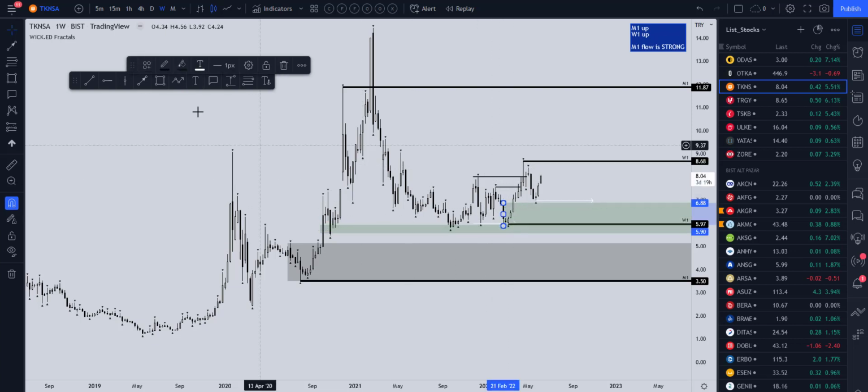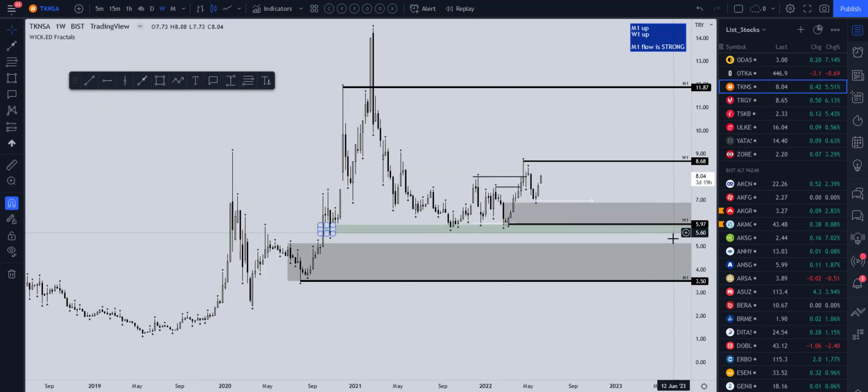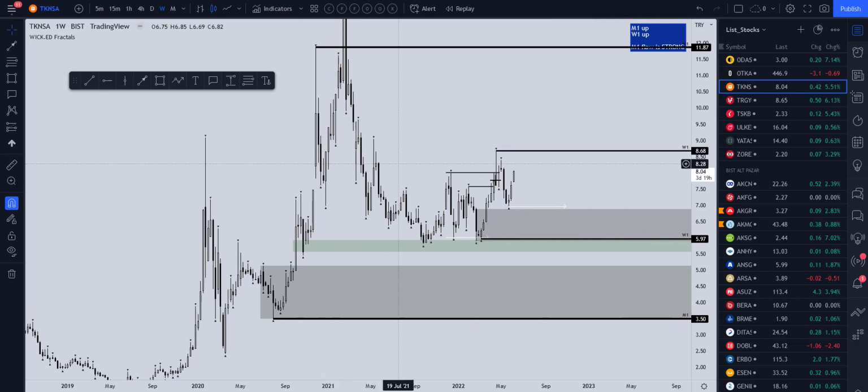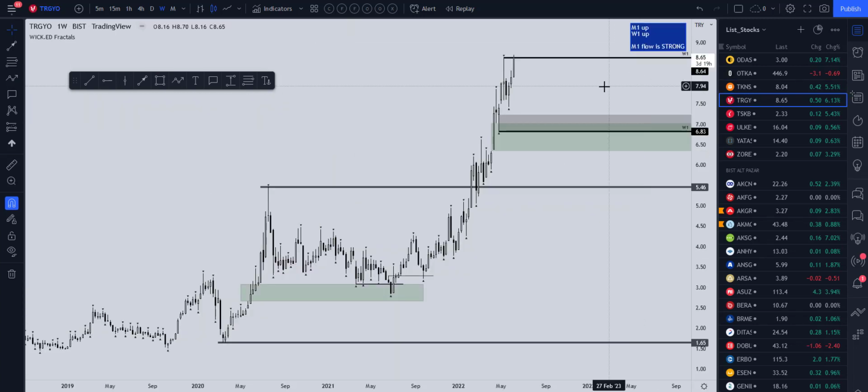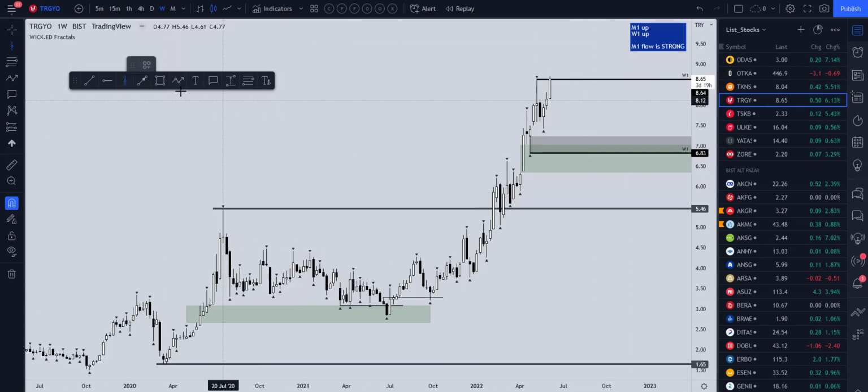Let's just mark here like this and wait. This is very self-explanatory. I don't need to write anything else on top of this. This is too easy to observe.